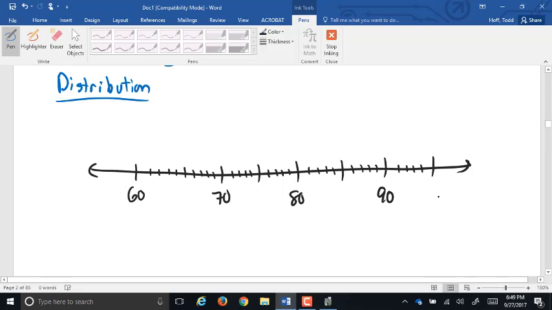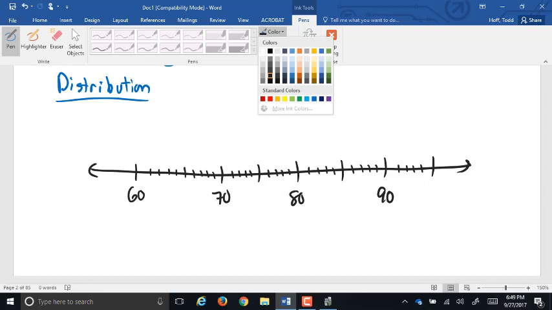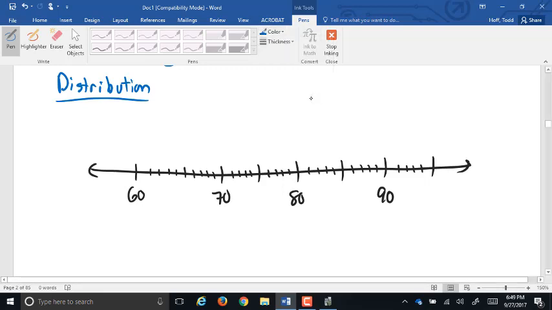That's as far as I can fit on my number line. So now we go through the test. We take a sample of the test that we've given. Let's say the first score is 74. So I'm going to put a dot above the 74.